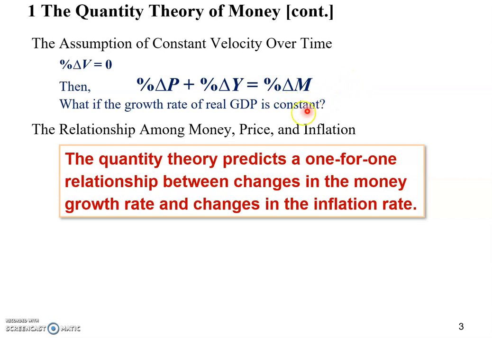All right, and again, we reach this conclusion by assuming that velocity is constant and also the real GDP growth rate is constant. If neither of these is constant, then of course the theory would predict a different relationship.